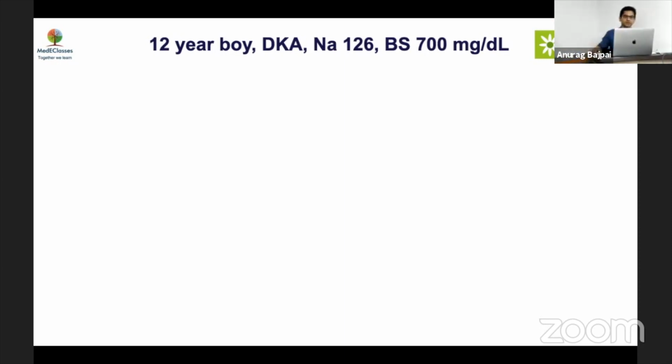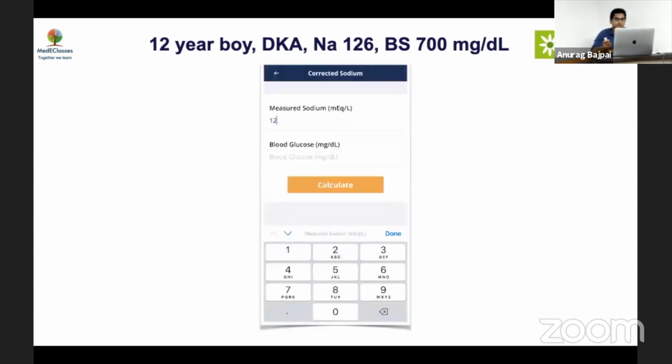Thank you, sir. So we have a 12-year-old boy who was diagnosed with DKA. He had hyponatremia, 120, and a very high blood sugar of 700. So do you think this child has hyponatremia? The sodium over here is 121, but the very significant thing over here is the blood sugar. Now we know that for every 100 of blood sugar, there's a decrease of 1.6 in sodium. So we need to correct it.